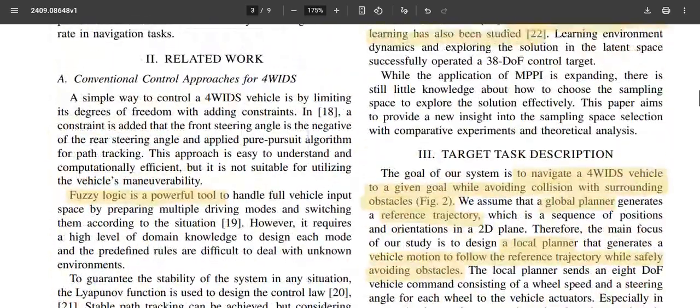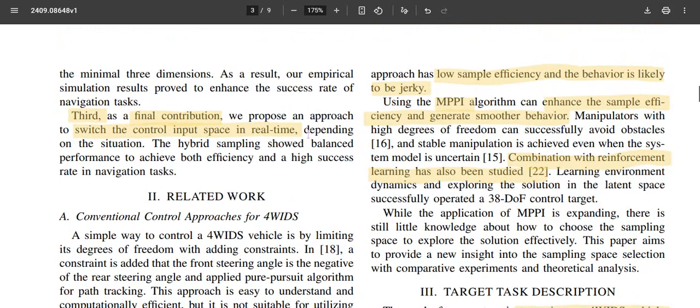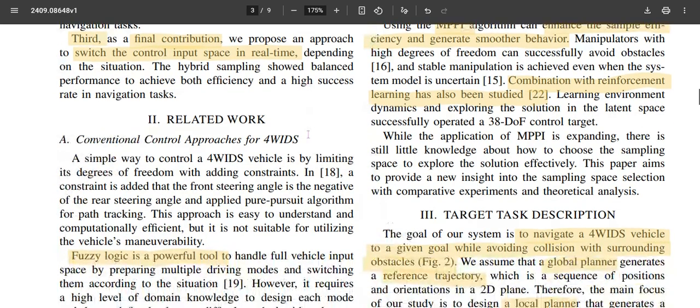But unfortunately, this has a huge drawback of low sample efficiency, and since we are using a single best shot in a stochastic algorithm, it can result in jerky navigation. So MPPI utilizes a bunch of samples, and the average is used for tracking, which can generate a smooth behavior. There are also attempts that combine MPPI with reinforcement learning in paper 22.